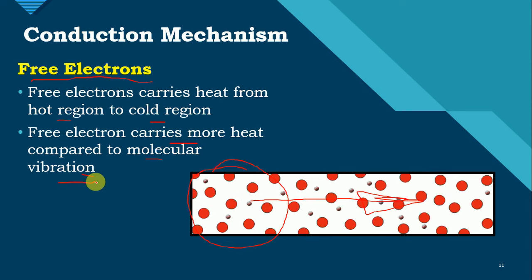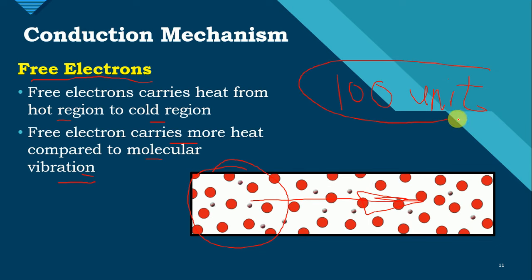If I compare the two mechanisms, the first mechanism is molecular vibration, the second mechanism is free electrons. Out of these two, heat transferred by free electrons is more compared to molecular vibration. So if I consider heat transfer to be 100 units, that 100 units is transferred using both molecular vibration and free electrons.